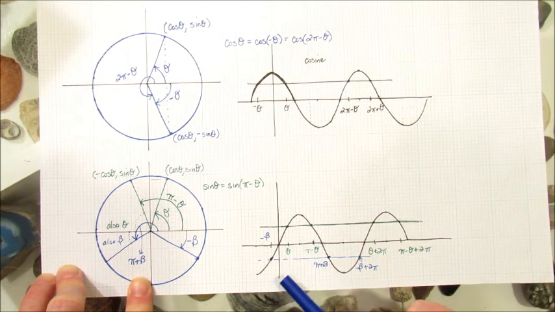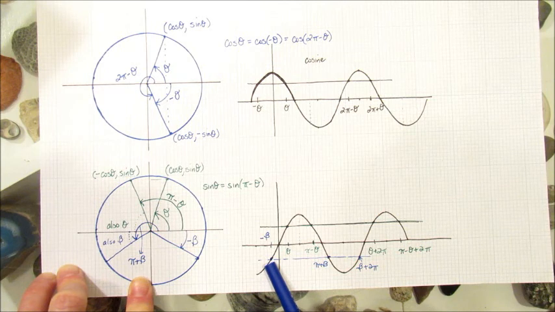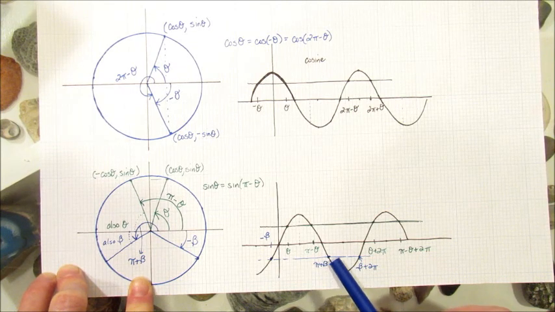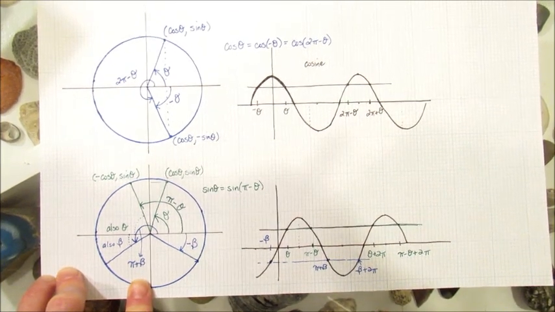And then if you're working with sine, here's a theta, you're going to get the same solution at pi minus theta. Unless your angle's negative, or your value's negative, so here's negative beta, the other solution that's going to match up is pi plus beta.